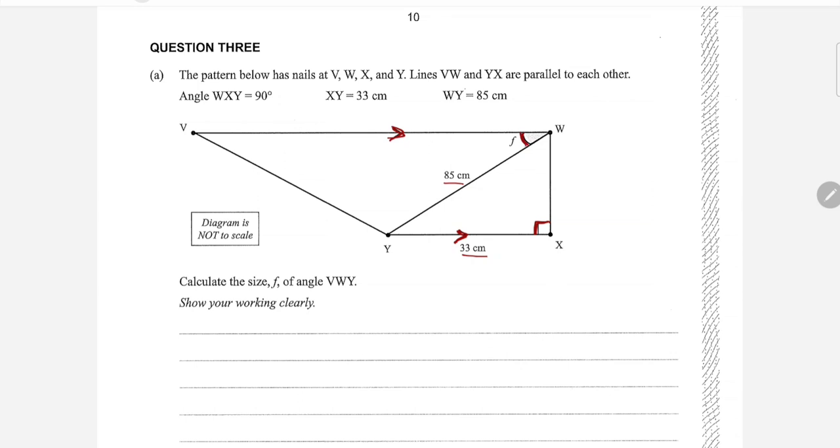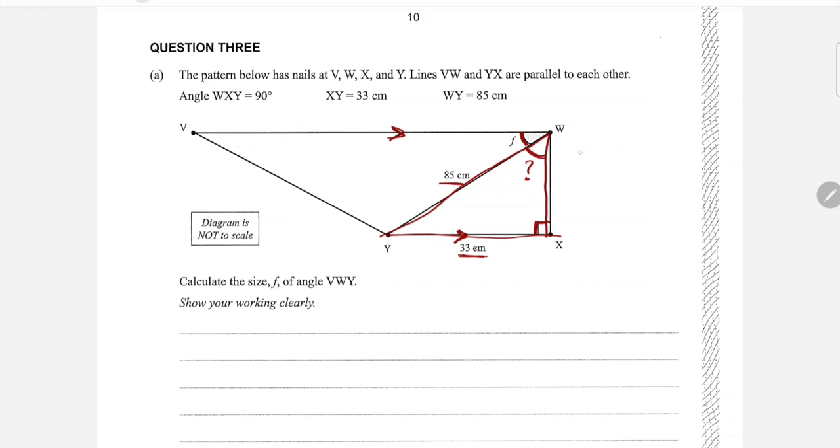All right, let's see what we can do here. I know that I have 33 and 85. In this triangle WXY, if I use these two sides, I can find this angle.